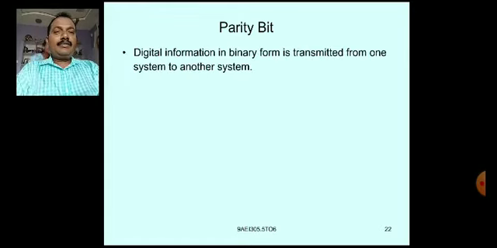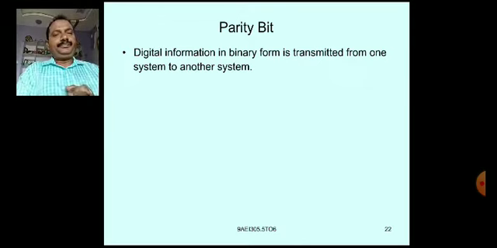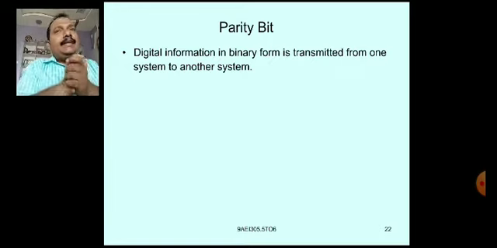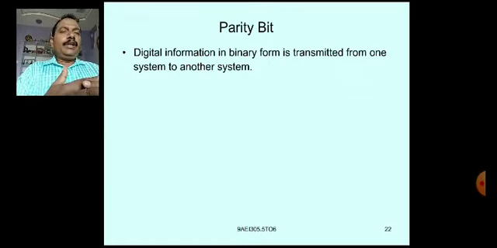Parity bit. Digital information in binary form is transmitted from one system to another system. That means a parity bit is essential, to detect the error in the message and to remove that error. So the code must include a parity bit also during the transmission.